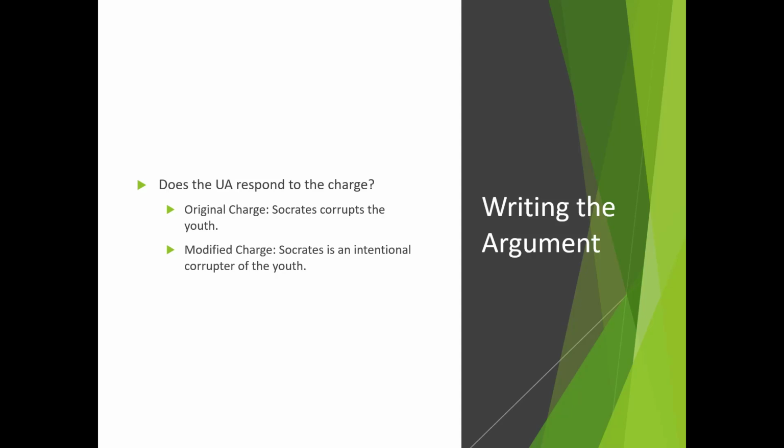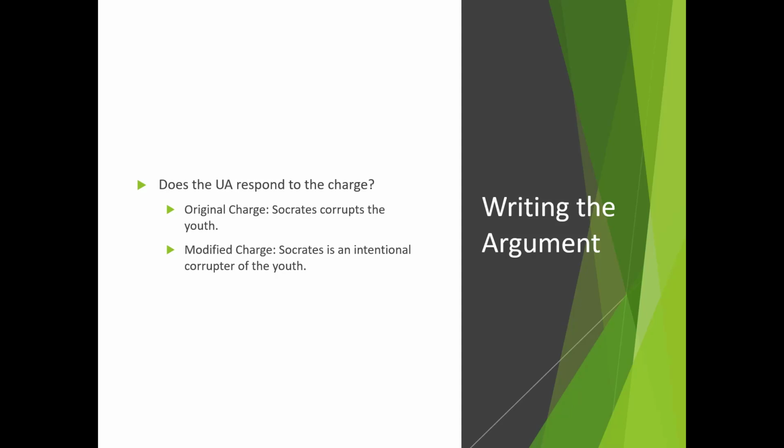So, with the original charge, kind of the easiest approach is this. The original charge is that he's a corrupter. So, if the unintentional argument works perfectly, what it establishes is this: either Socrates does not corrupt the youth, or he does so unintentionally. But that leaves it open that he's a corrupter.